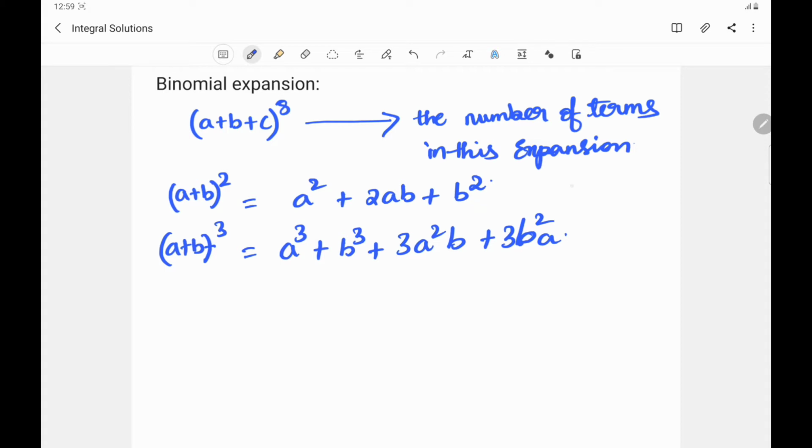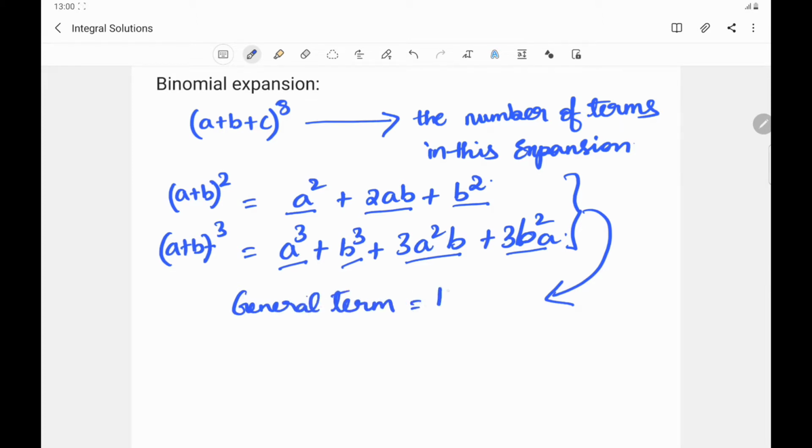So when you observe these two equations closely, you can see that any term in these equations, say a square or 2ab or b square, or else a cube, b cube, or 3a square b or 3b square a, can be represented in this way.